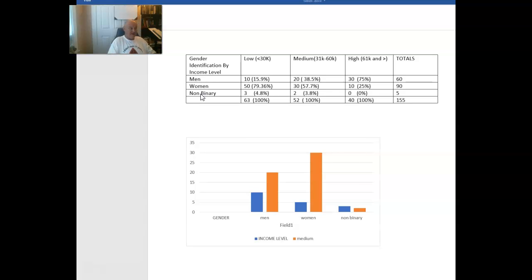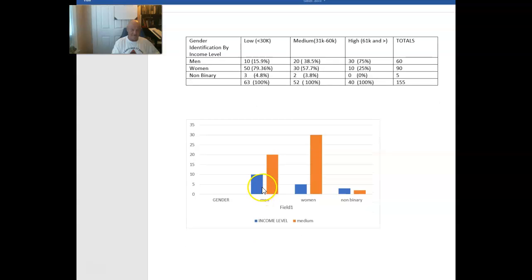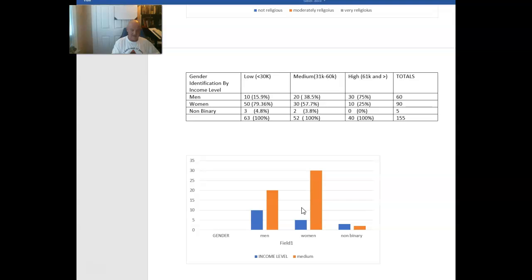We identify with a gender category pretty early in life, certainly before we have a chance to earn income. And so on this table here, I've transformed this. We have these categories here: men, women, and non-binary.